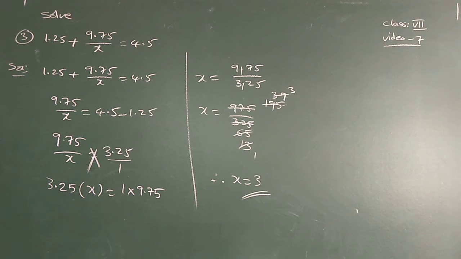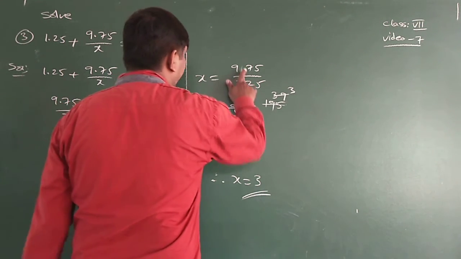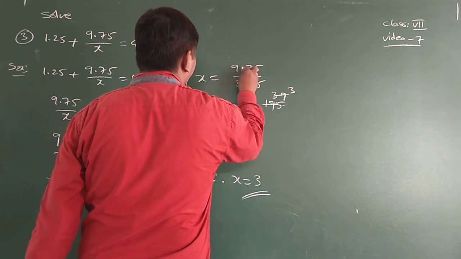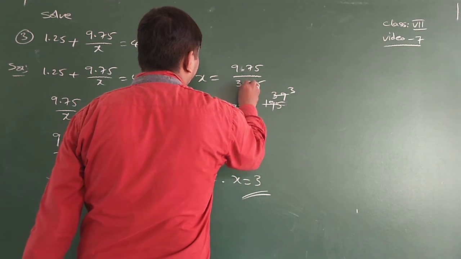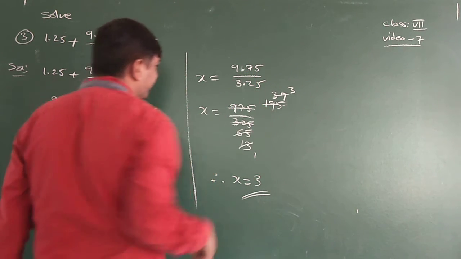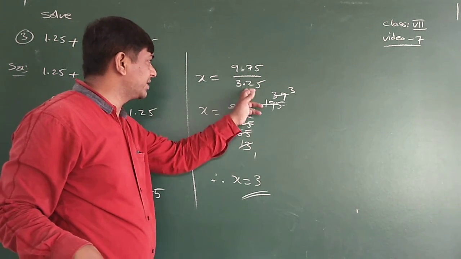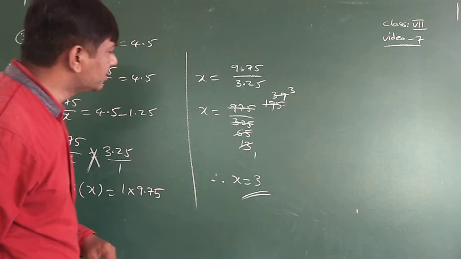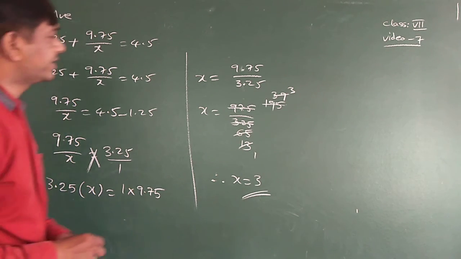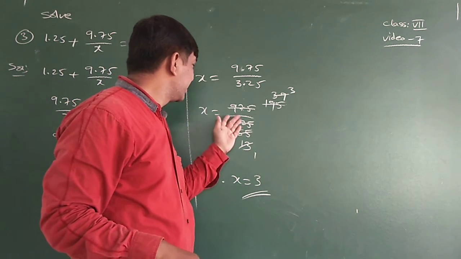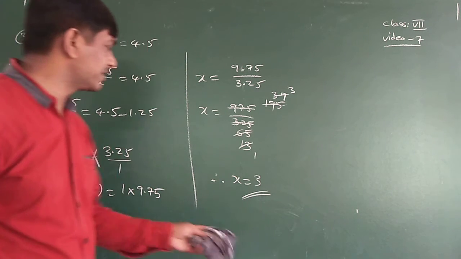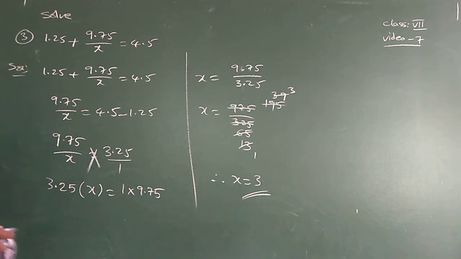So 975 by 325, and 325 3s are 975. With that, x is equal to 3 is the solution.